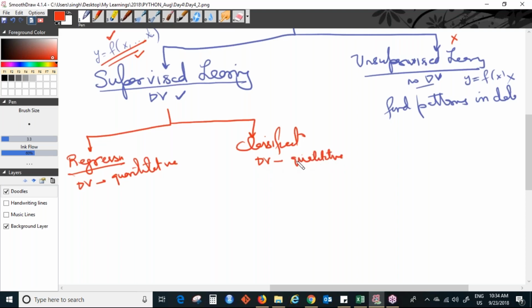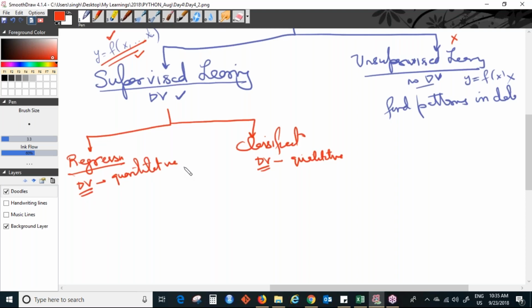We have already seen what quantitative and qualitative is. Remember, we are only talking about the dependent variable here, not the independent variable. We are not concerned with whether the independent variable is qualitative or quantitative. We are only concerned with the variable type of the dependent variable.